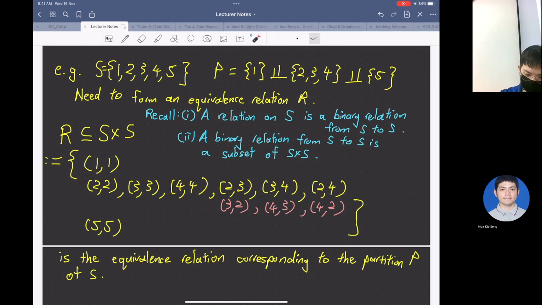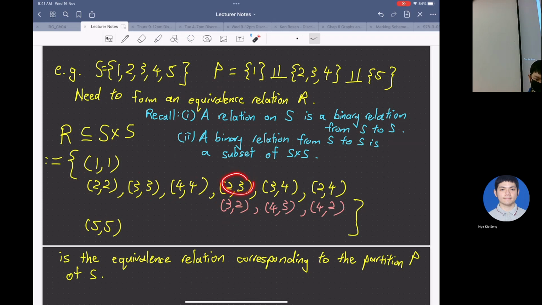And then if you add the adjective, equivalence relation, that means you need to satisfy reflexive, symmetric, and transitive. Reflexive means for every a, (a,a) is in the relation. Symmetric: if (a,b) is in the relation, (b,a) is in the relation.